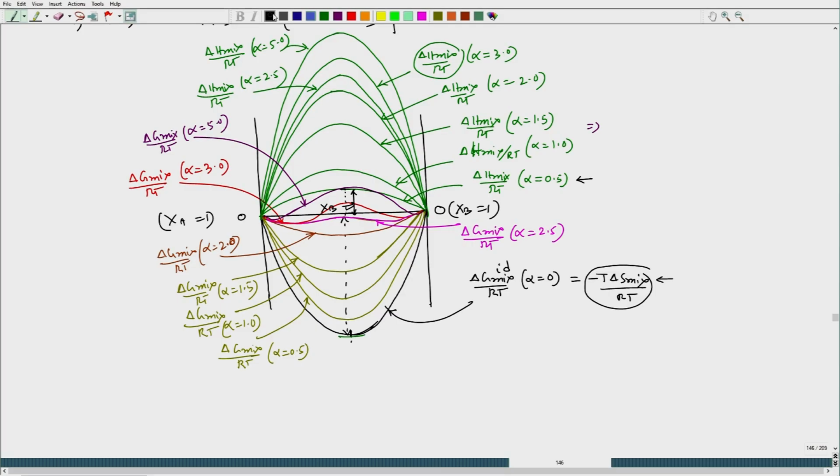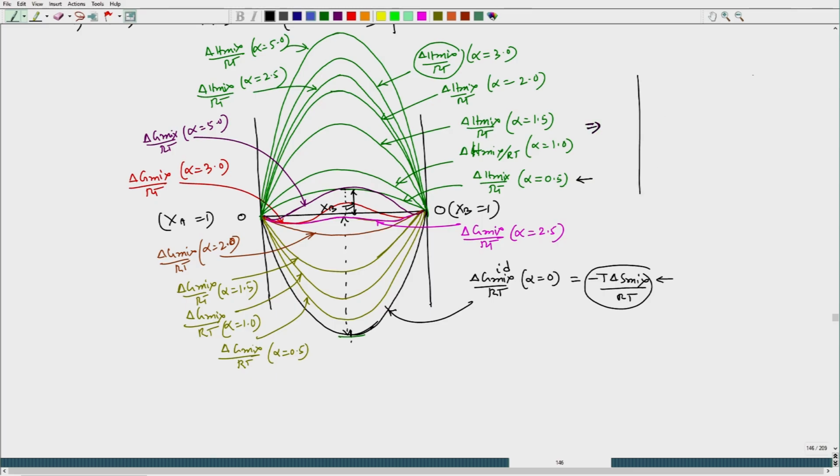But at least we know how the shape of delta Gmix by RT, or the other way around, delta Gmix with composition, is modified when delta Hmix takes a very large value.